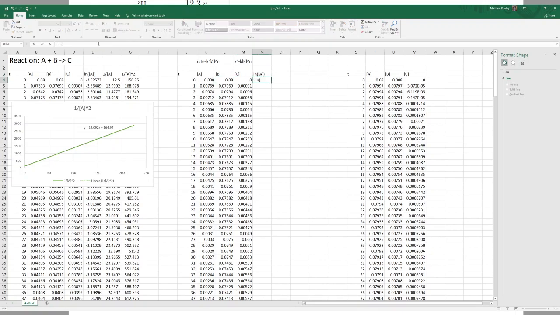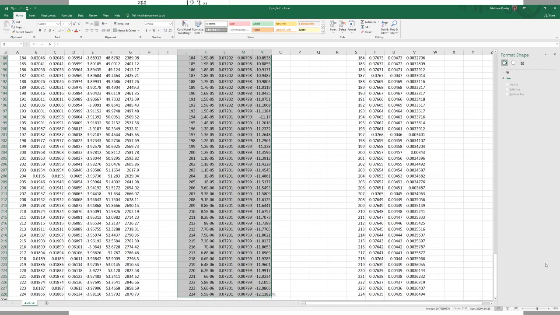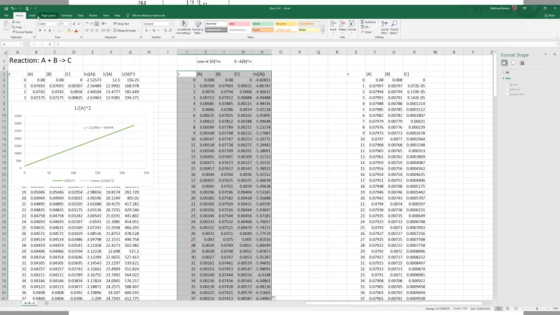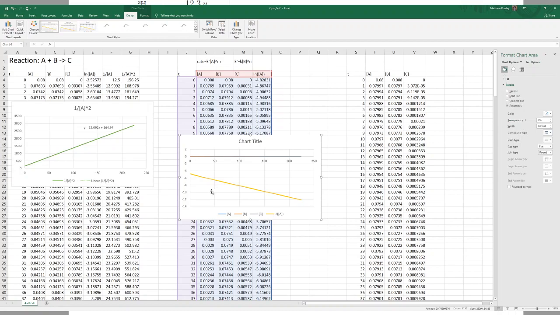Parenthesis. A equals the natural log of A, over and down. And we'll insert this chart. And this actually looks really nice and straight.